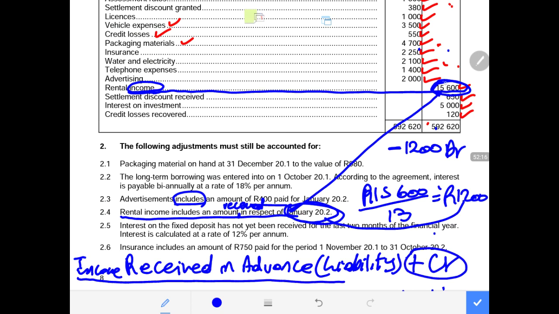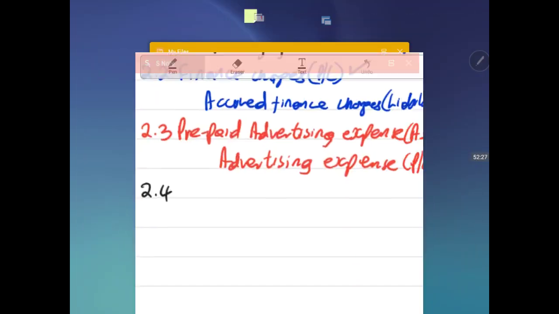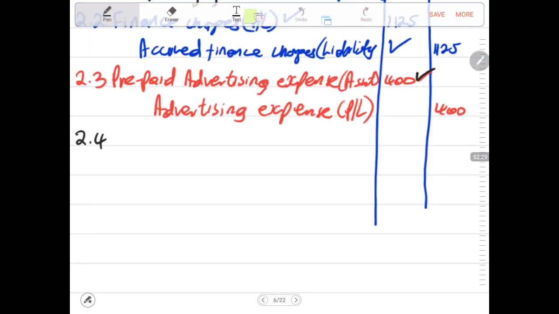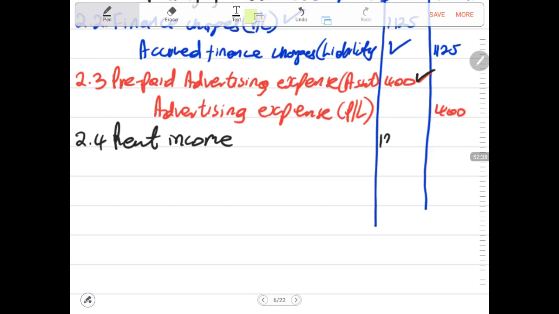Because our rent income is overstated, we need to decrease our rent income by 1,200, and income decreases on the debit side. So we debit our rent income by 1,200 so that we're decreasing the amount that is in the total balance. We decrease our rent income by how much? 1,200 rands, and we credit rent received in advance.